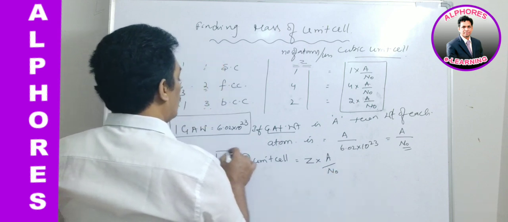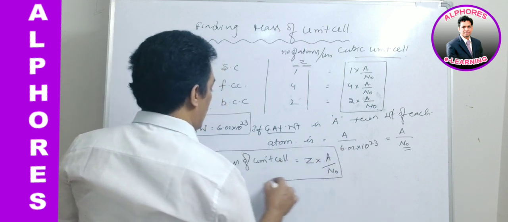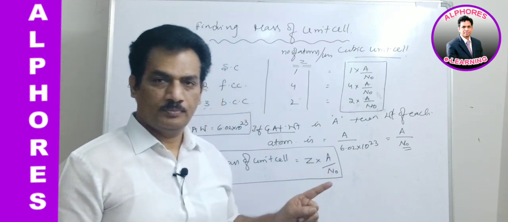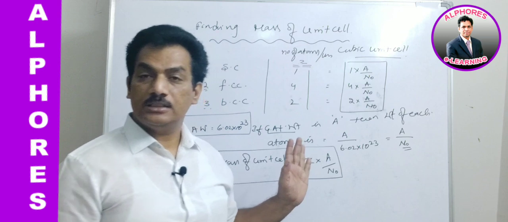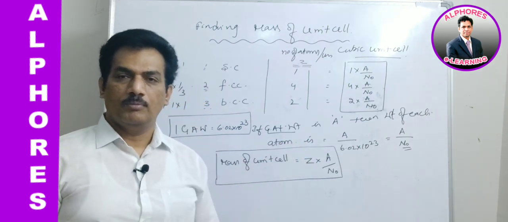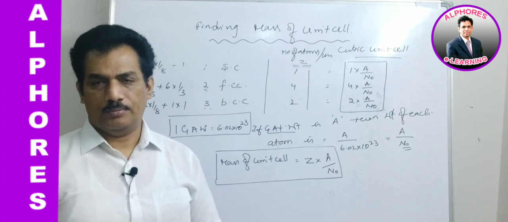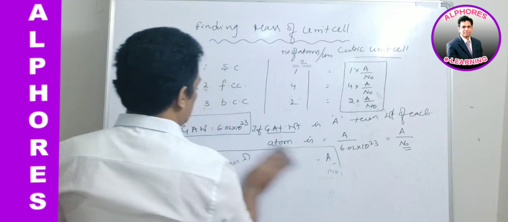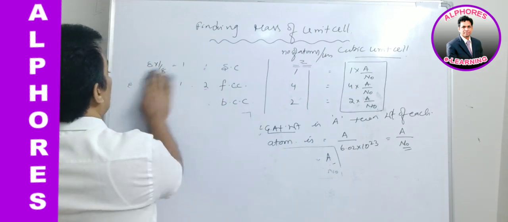I think now you can get the idea. A by N0 is the mass of each atom, and Z is the number of atoms present per unit cell. That will give the mass of unit cell. Are you clear? And now let us move to the next topic, that is volume of unit cell.